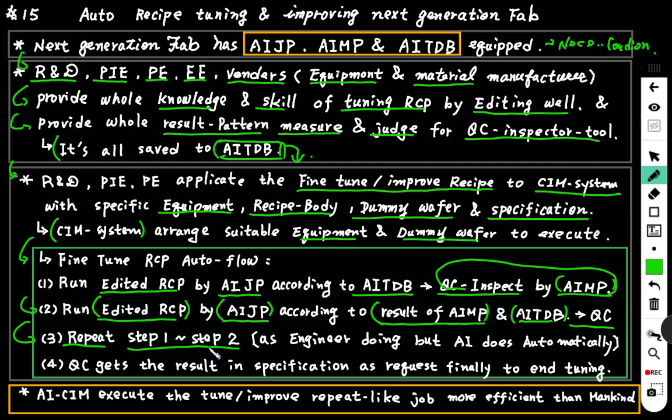Let's continue to run and QC inspect. Then edit the recipe by AIJP processor according to AIMP and AITDB.